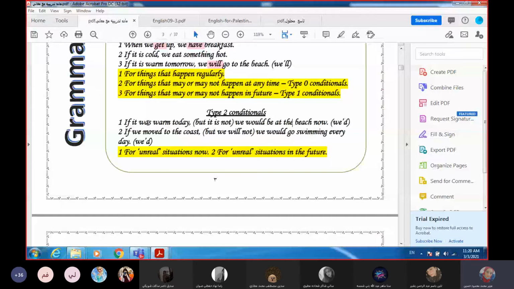We use if clause type 2 to talk about unreal situations, imaginary situations. Look at the main verb here, simple past.